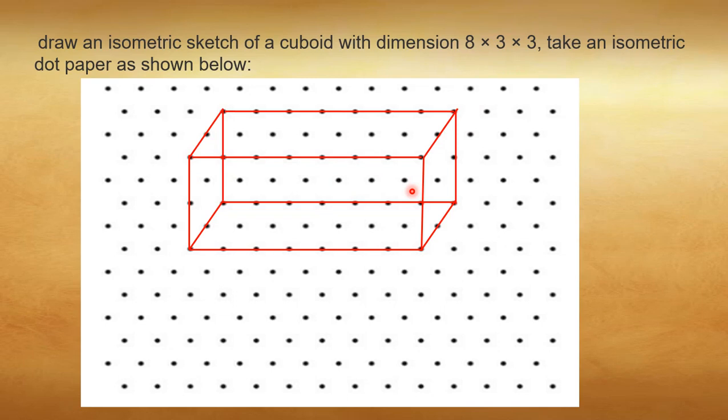It is not necessary that in the oblique sketch we are able to see all the faces of given 3D shapes, but in isometric sketch, when we draw this sketch on isometric sheet, as we observe here 1 2 3 4 5 and 6, we are able to see the 6 faces, and the measurements are the same for all breadth, heights and length.